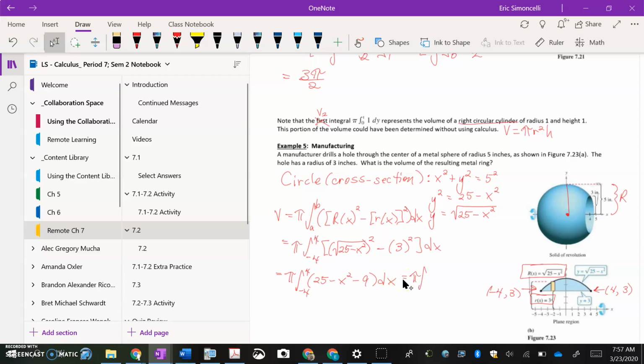So equals pi times the integral -4 to 4 of 16 minus x squared dx. And then we continue with the following. Pi times we integrate such that this is just simply 16x. And this right here is simply just -x cubed over 3. And we're doing, again, -4 to 4 as our bounds, working with those.